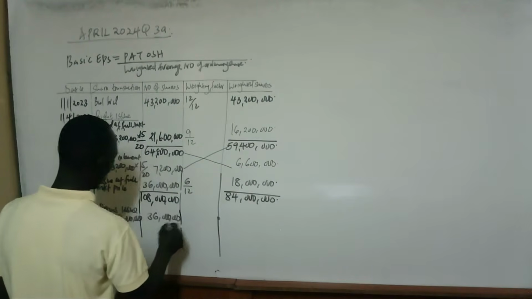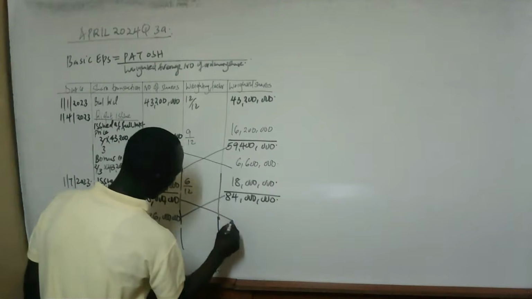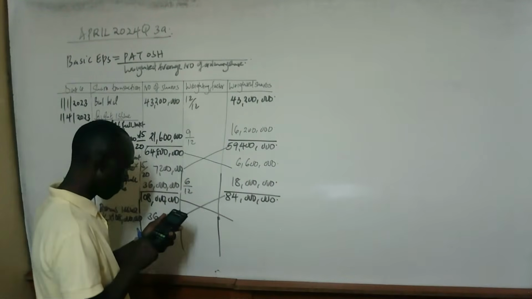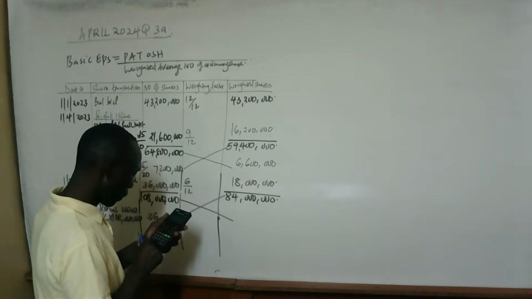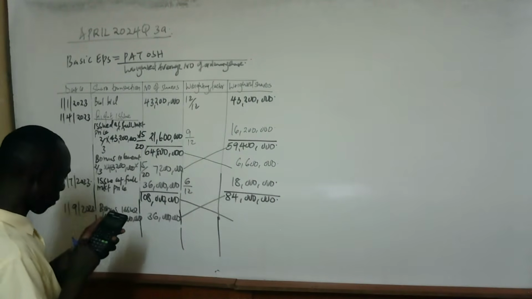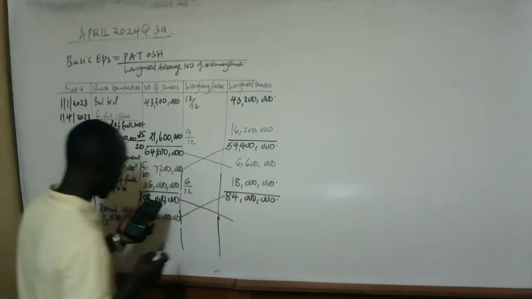And if the bonus is never weighted, again, we are going to do what? To cross multiply. So you will take this 36, you multiply by 84, then from there you divide by 108 million. So therefore you will get how much?